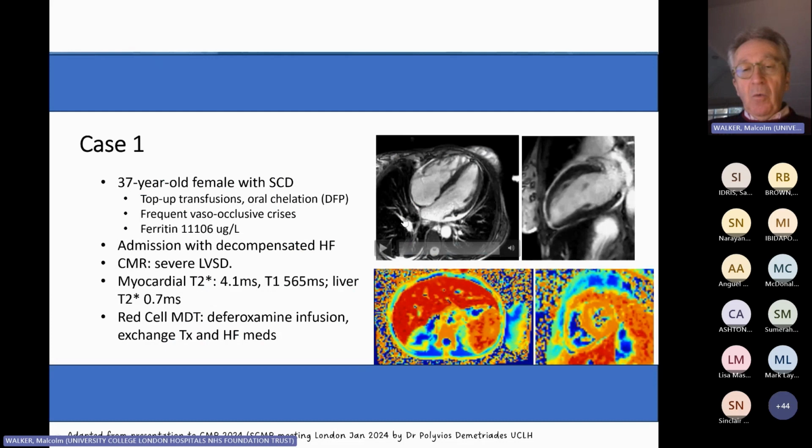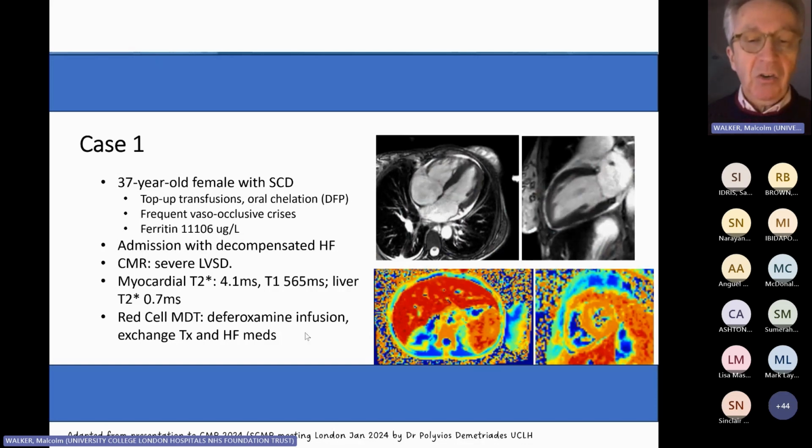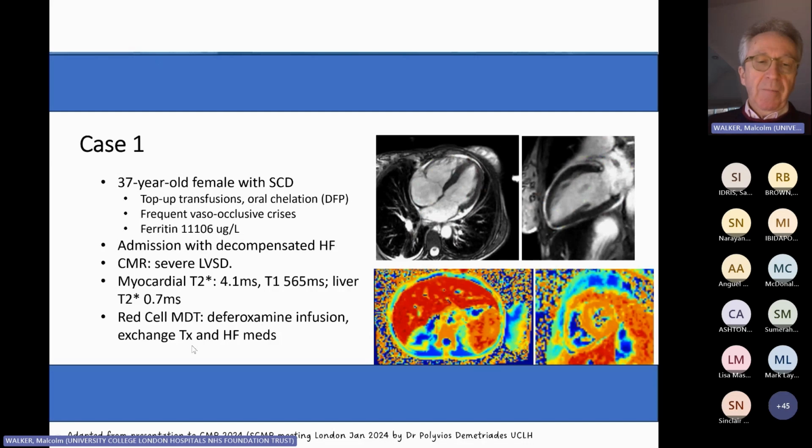So the way to manage this particular woman's heart failure would be to include, amongst the more conventional heart failure medications, chelation therapy. And as an inpatient, that was started with deferoxamine infusion. She had appropriate combination heart failure medication and underwent exchange transfusions to bring her hemoglobin up.